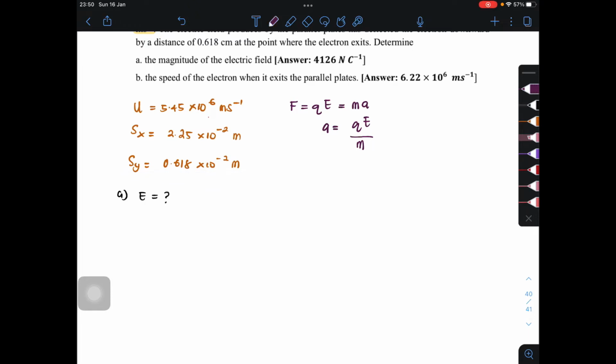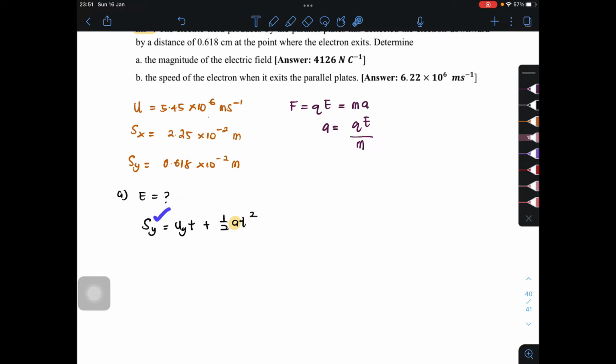we write the formula for displacement: Sy is equal to Uy t plus 1/2 a t squared. From here, what we want is the value for acceleration.